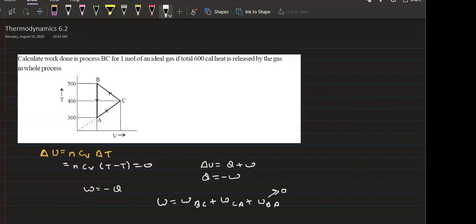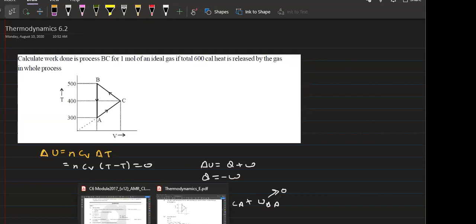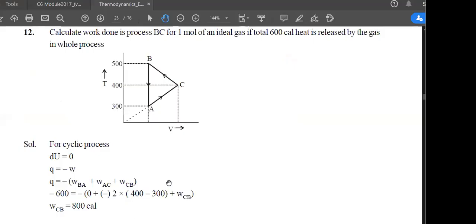And this should be equal to Q. So work done in BC should be equal to, got it, everyone? So see this, can you see this?